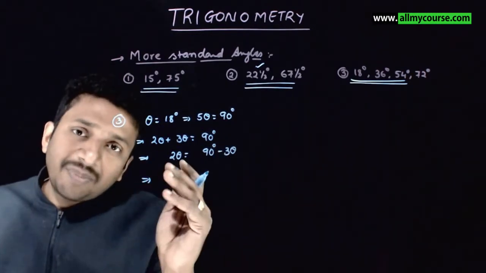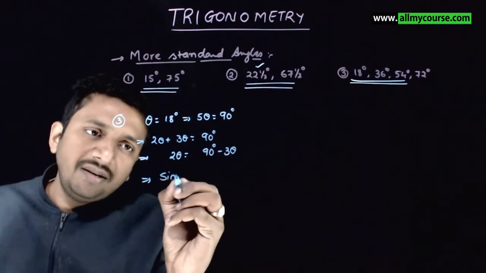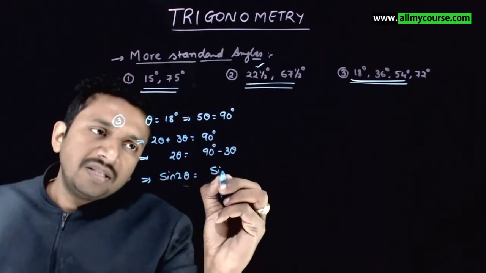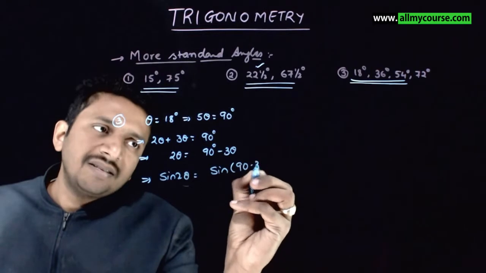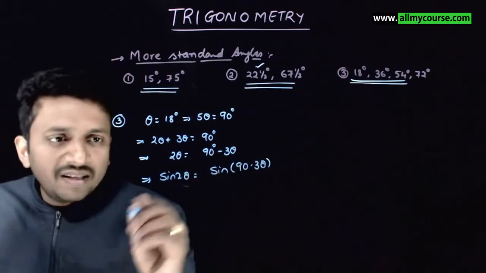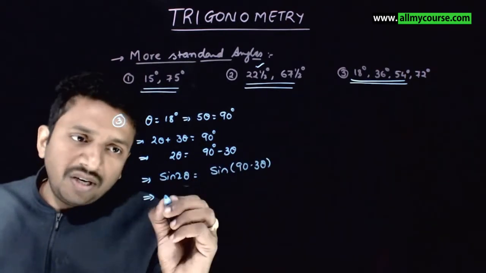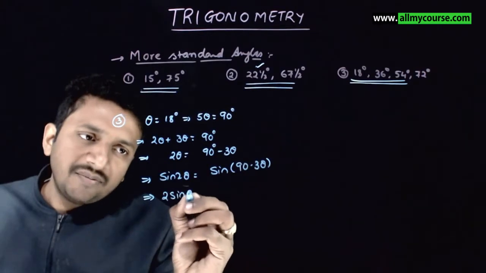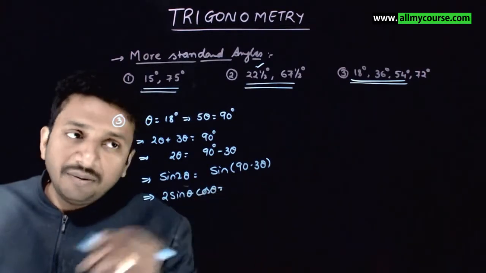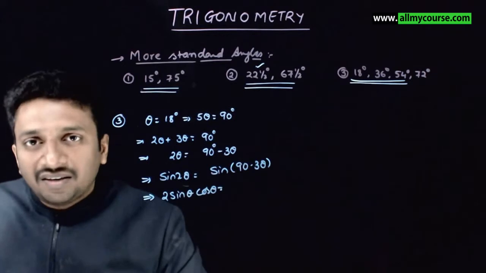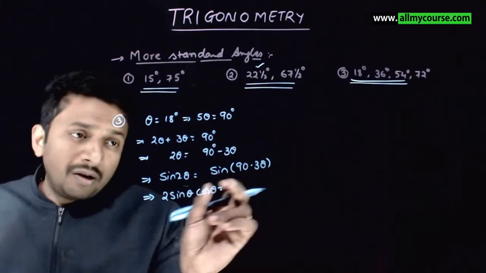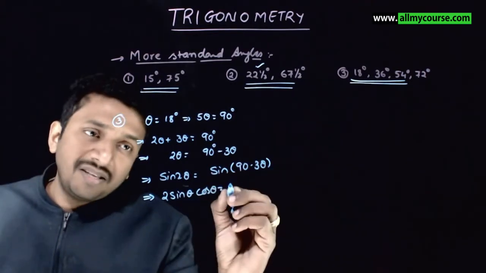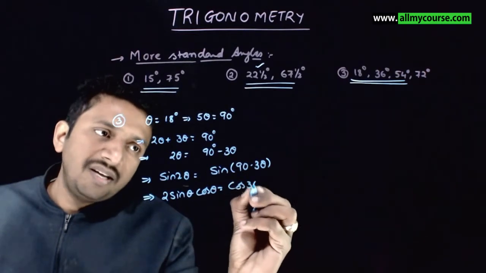So let us apply sine on both sides. So sine 2 theta is equal to sine of 90 minus 3 theta. And this implies sine 2 theta, which is 2 sine theta cos theta, is equal to, what is sine of 90 minus 3 theta? By complementary angle formulas, sine of 90 minus 3 theta is cos 3 theta.